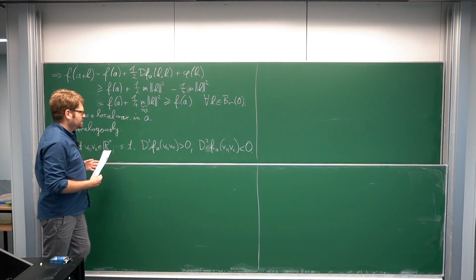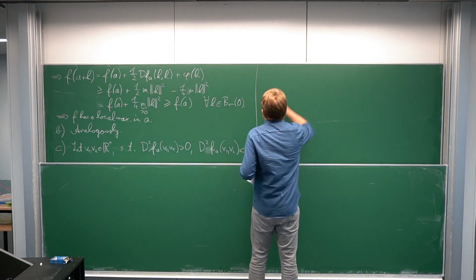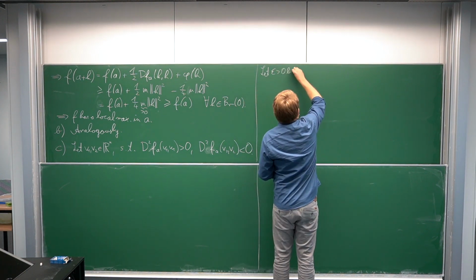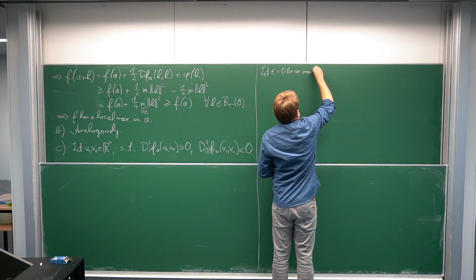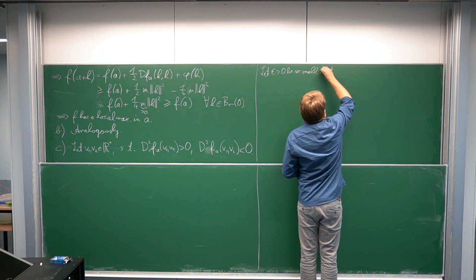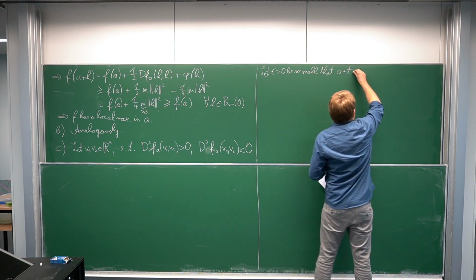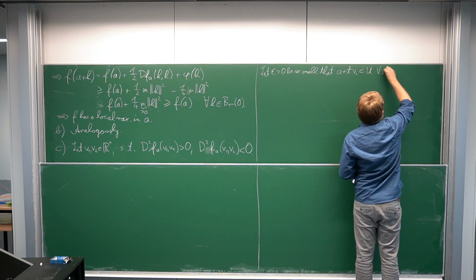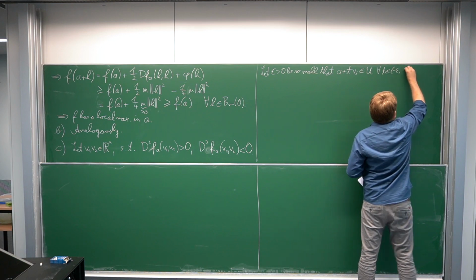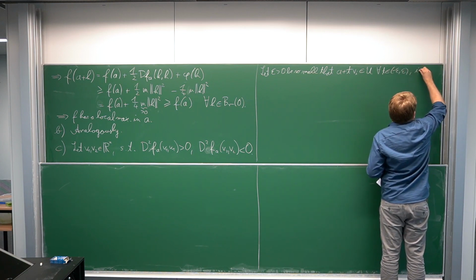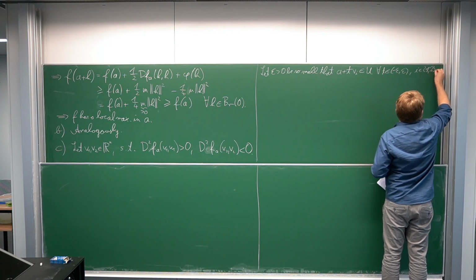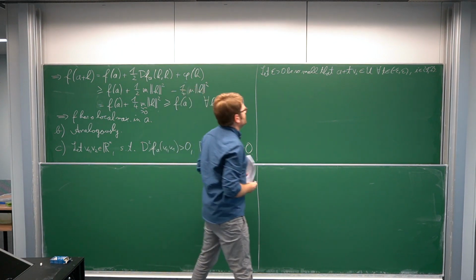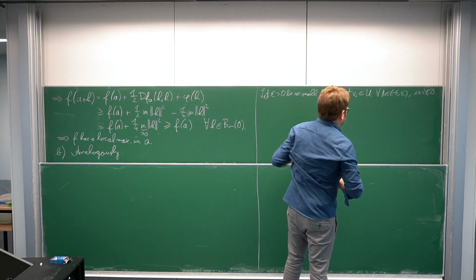Now, if we got such vectors, we play along with them. Namely, we do the following: let epsilon bigger than 0 be so small that a plus t times vi is still in U for all t in (minus epsilon, epsilon) and i in {1, 2}. Okay, such epsilon we can find since U is an open set, so it's a neighborhood of a, and then we always can find such an epsilon.